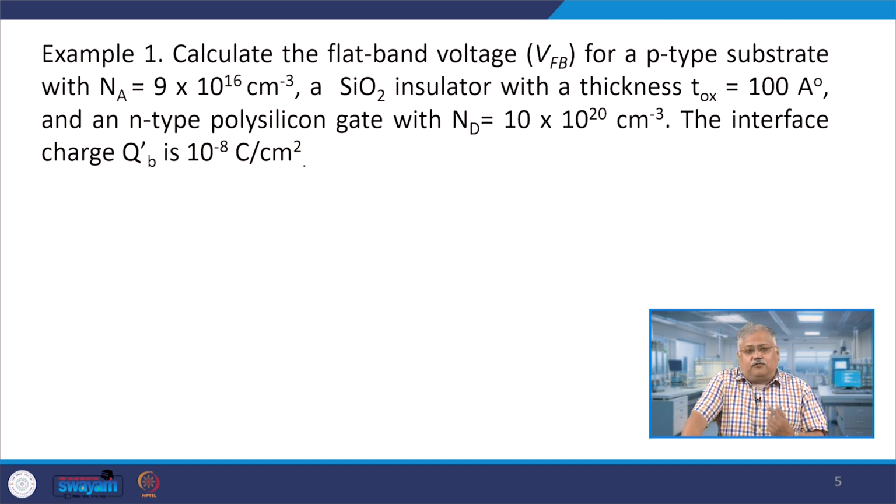You have to find it. So, flat band voltage will be phi ms minus Q0 prime by Cox prime. From Tox you can get the value of Cox prime. When you are told to find phi ms, you will also be told the value of Q0 prime, and if you are using an n type polysilicon gate, you know the value of phi ms from the standard, and from there you can calculate the value of the flat band voltage.